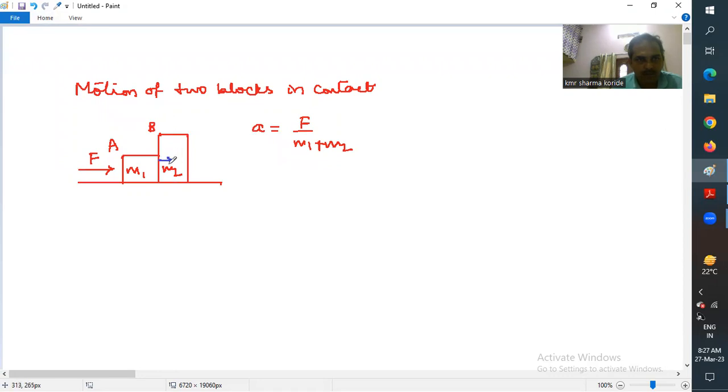Block B moves only because of the contact force, whereas the contact force opposes block A. So for m2, or block B, the contact force is the reason for its motion. It is m2a.